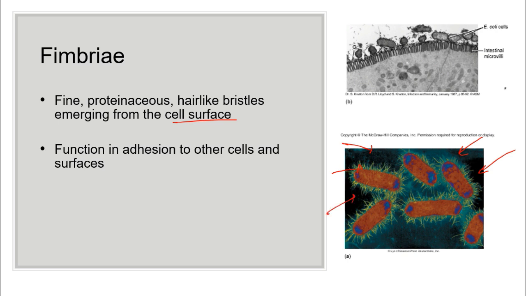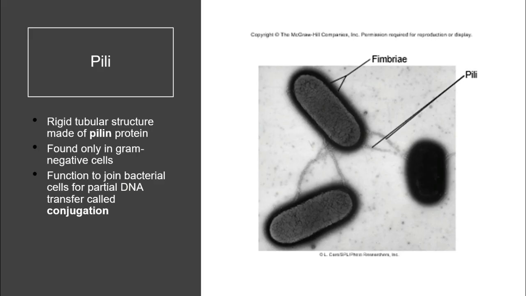These are the bacteria, and these are the fimbriae sticking out from the bacterial cell all around. They function in adhesion to other cells and surfaces. So fimbriae help the bacteria adhere to the surface of host cells, and this adherence helps them stick to the host cell and start the colonization process quite fast and quite well. That's the idea about fimbriae.